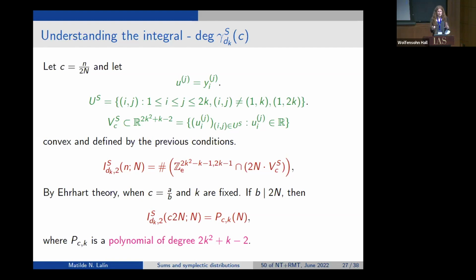So all this work gave me an intuition of what the degree should be. The gamma kc from the original work of KR3 for unitary matrices has degree k squared minus 1. What we are predicting here is that this gamma kc should have degree 2k squared plus k minus 2.